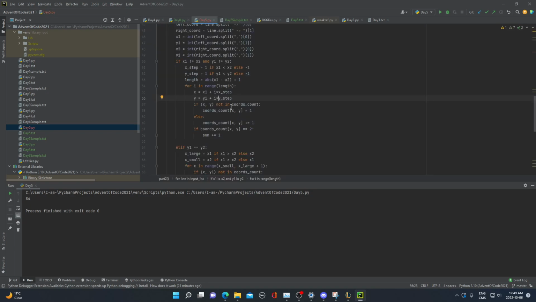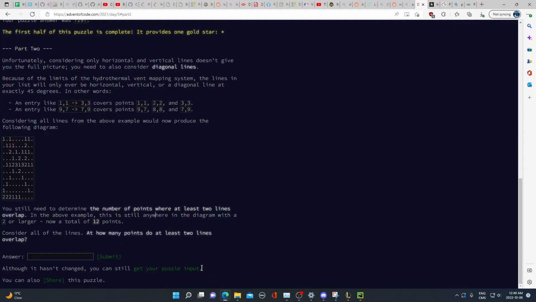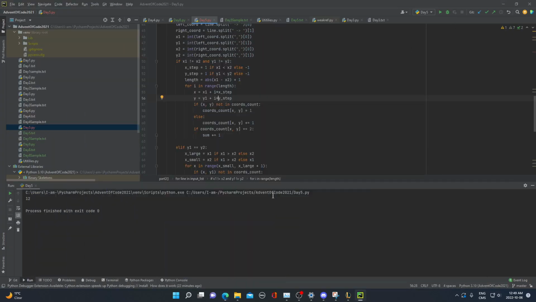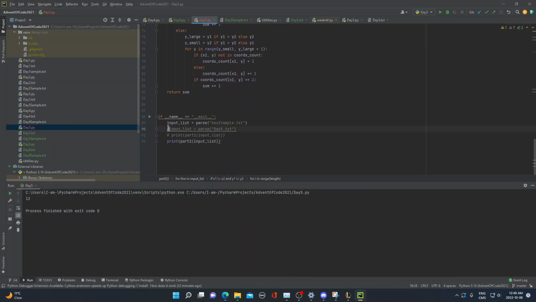I think this works. Let me try it out. 12. And a total of 12 points. So now let's try with the big input. And we should get a number here, 21038.